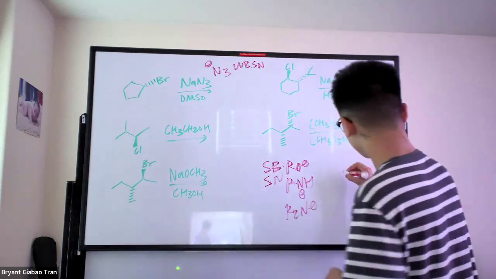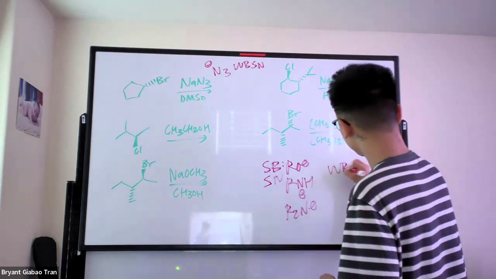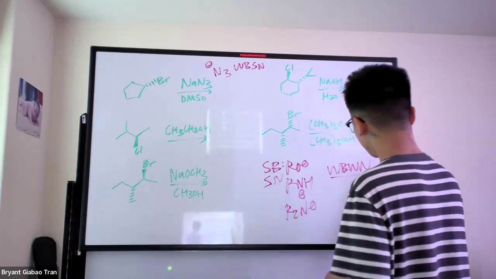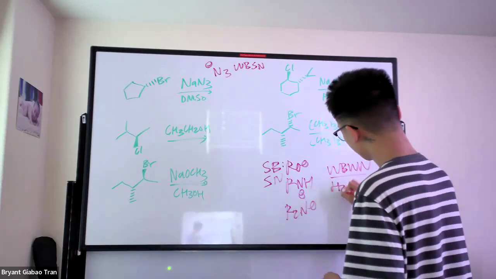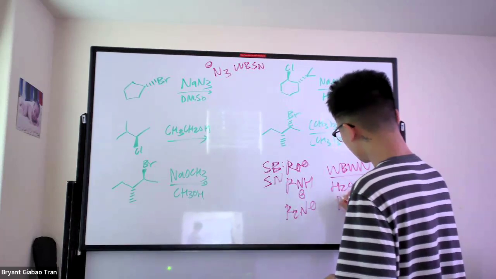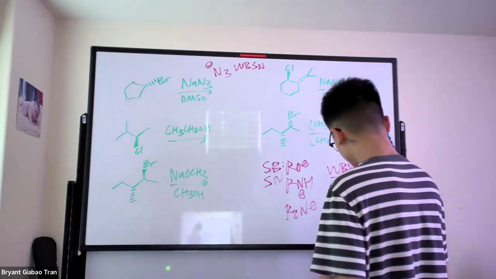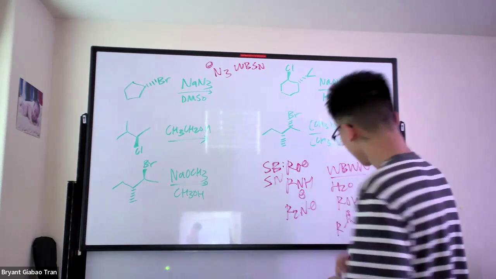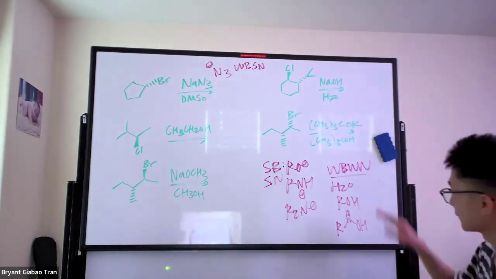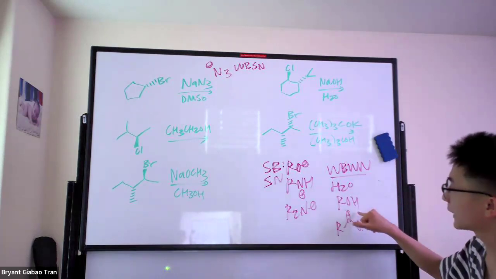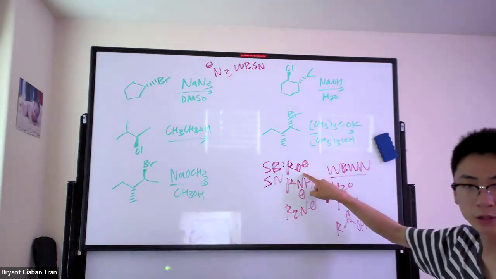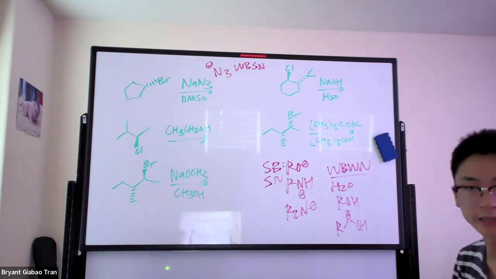And the 3 types of weak base, weak nucleophiles are water, alcohol, ROH, and carboxylic acid. All of them are neutral, making them a weak base, weak nucleophile. ROH is different than RONa or ROK because there's no negative charge on ROH.